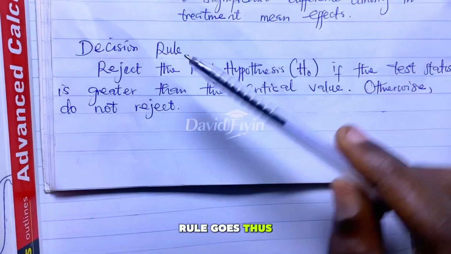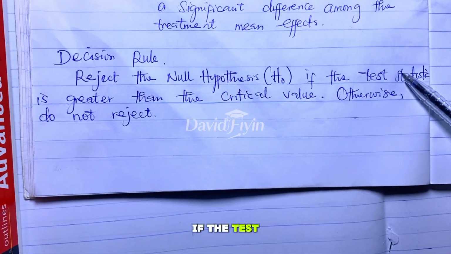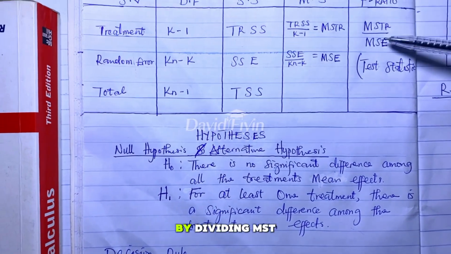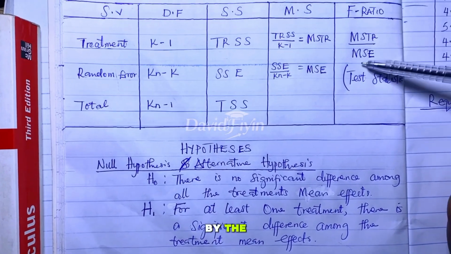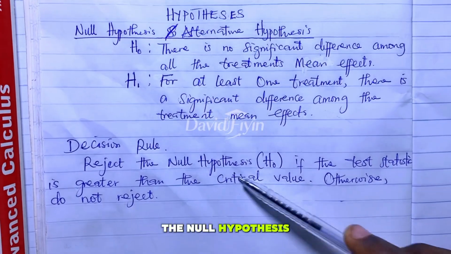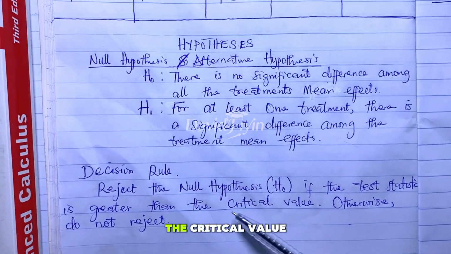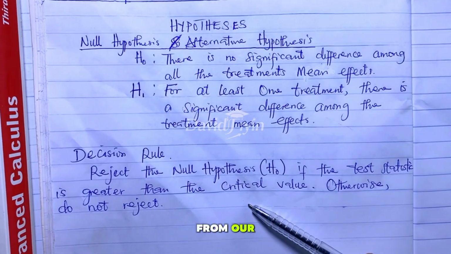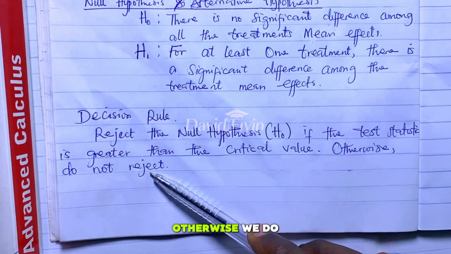The decision rule goes thus: we reject H naught, the null hypothesis, if the test statistic, remember our test statistic is our F ratio, derived by dividing MSTR, the mean square of the treatment, by the mean square error, MSE, is greater than the critical value. The critical value is also known as the tabulated or table value that we get from our Fisher distribution table. Otherwise, we do not reject.